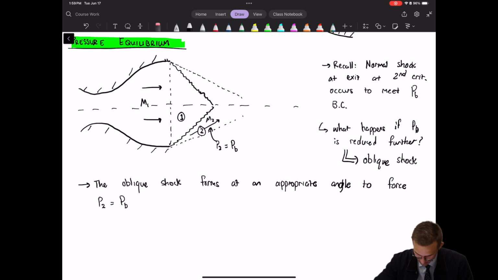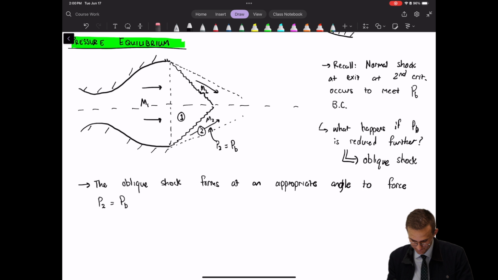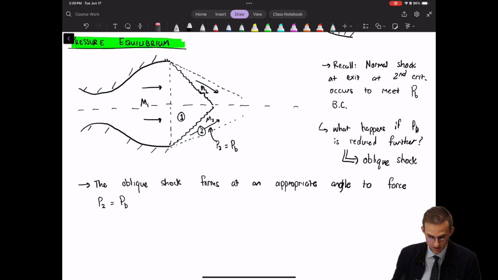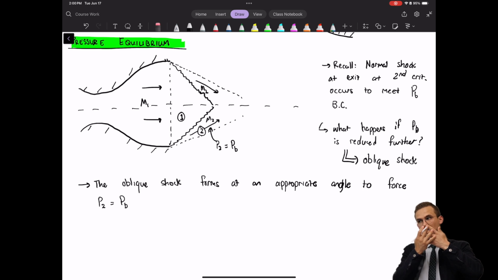Okay, so we have M2 up here as well, and the pressure up there is the same. Okay, but now we have another problem where these two flows are going to want to interpenetrate, right?